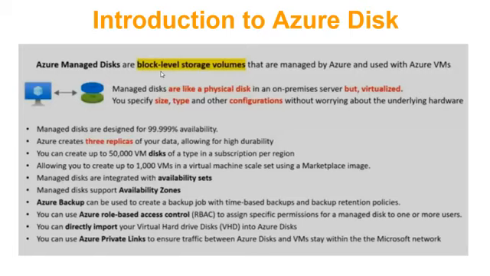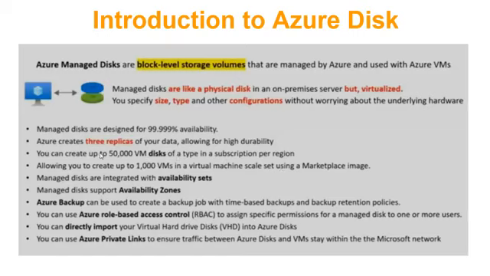There are many types of disk like premium SSD, standard SSD, standard HDD. For those disks of a single type, you can create up to 50,000 VM disks. That's really a high number.